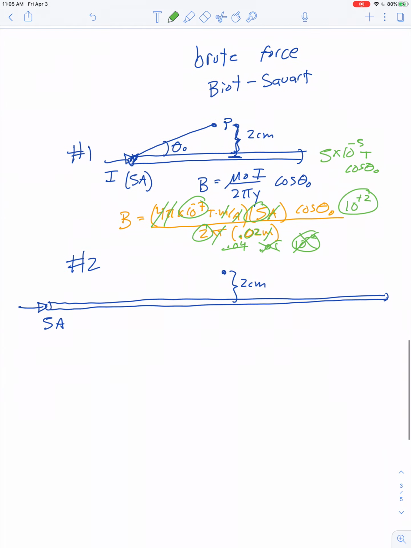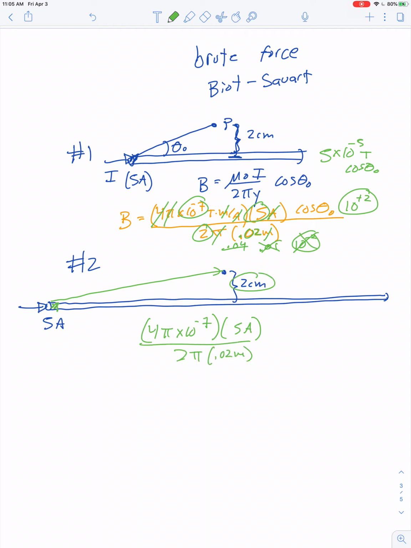And if I compared in case number 2, I think all the values stay the same. I think it's still going to be 4 pi times 10 to the negative 7th times 5 amps divided by 2 pi times 0.02 meter, right? We're still 2 centimeters away, and it's still a current of 5 amps.